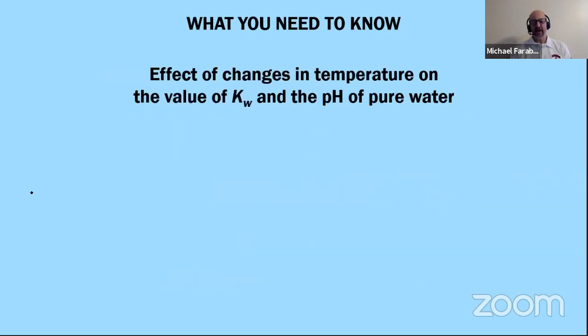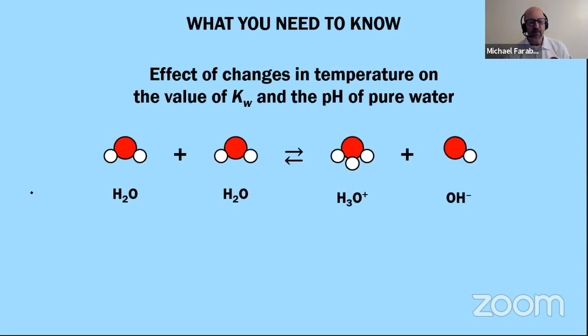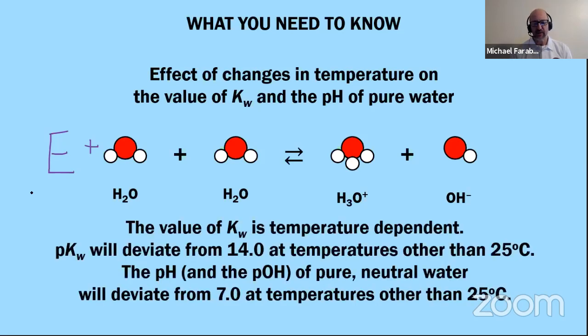So now I want to talk about the effect of changes in temperature on the value of Kw and the pH of pure water. You may remember that I had drawn an E on the left side of the equation for that reaction in which N2O4 was converted into NO2. That was because it was an endothermic reaction. Well, it turns out that this one is also endothermic.